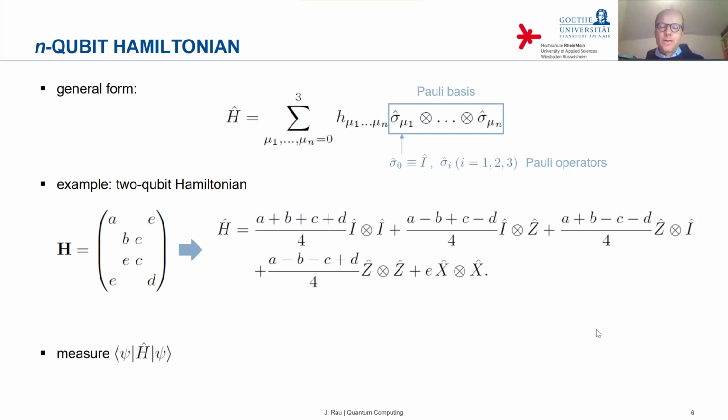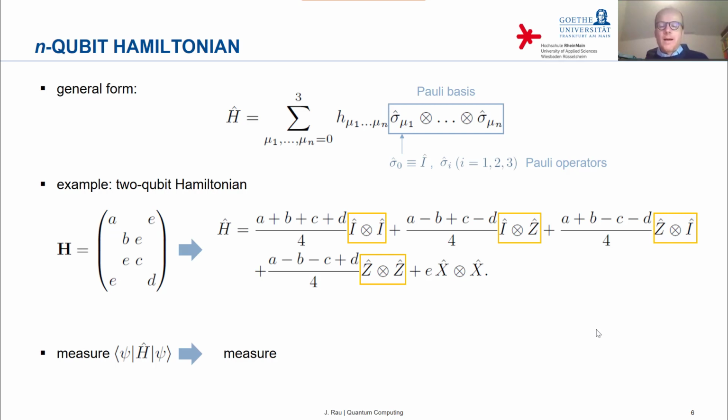If the Hamiltonian is given in this standard form with the Pauli basis, then determining the expectation value of the Hamiltonian amounts to determining the expectation values of these various tensor products of Pauli operators or unit operators.